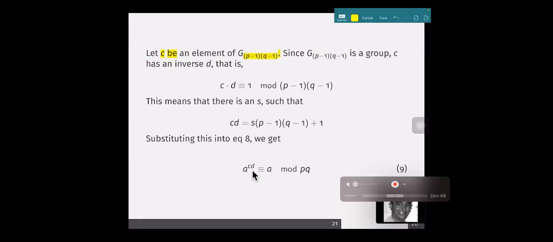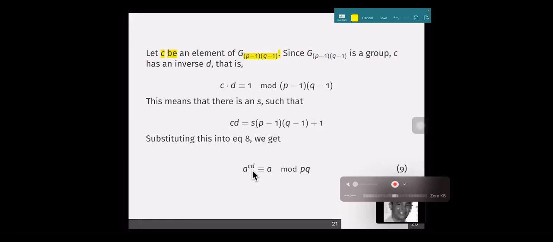But once you compute it, then you can get the inverse of C. Since this one is a group, I'm emphasizing that it's a group, because it is a group and C is a member of that group.